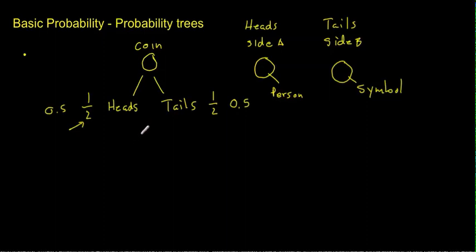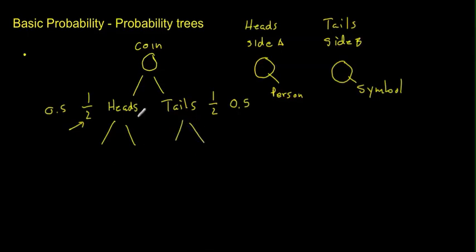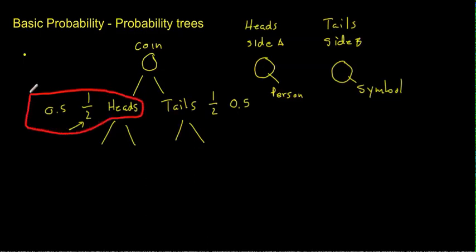Now, if we were to take that same coin and toss it again, we still only have two possible options. This was maybe the first toss. I'm going to change the color. This was our situation when we tossed it the first time, toss 1.